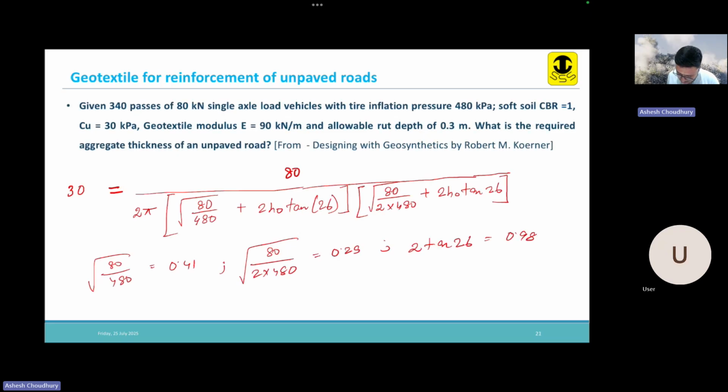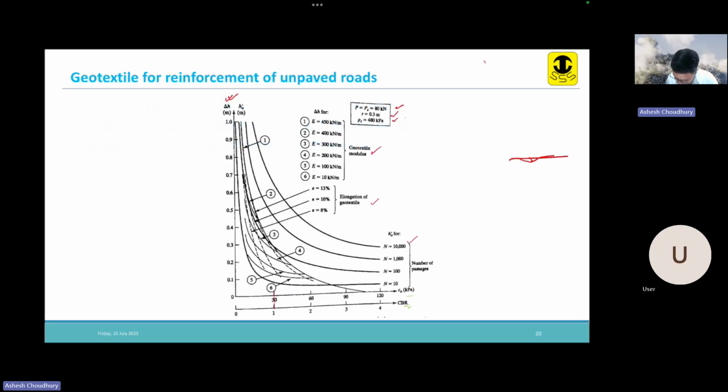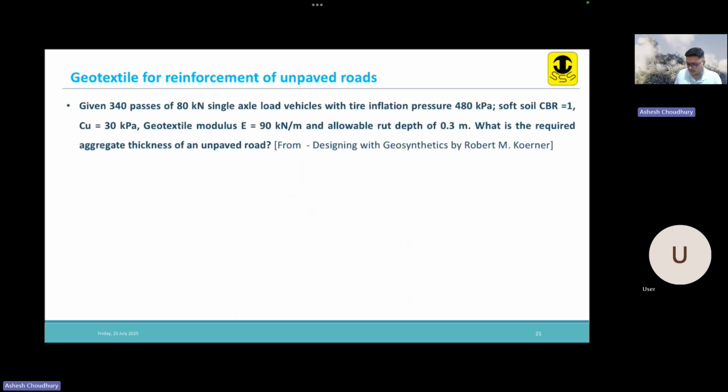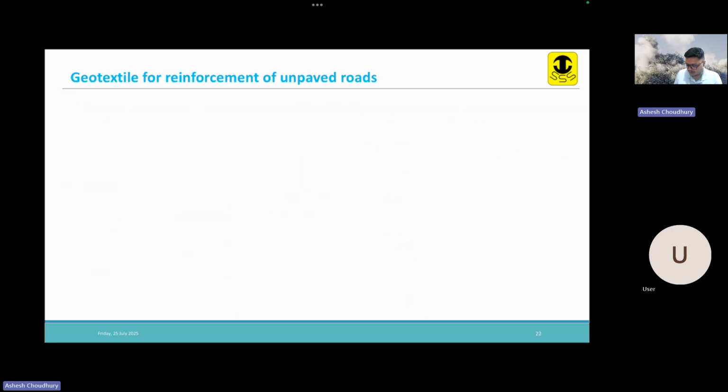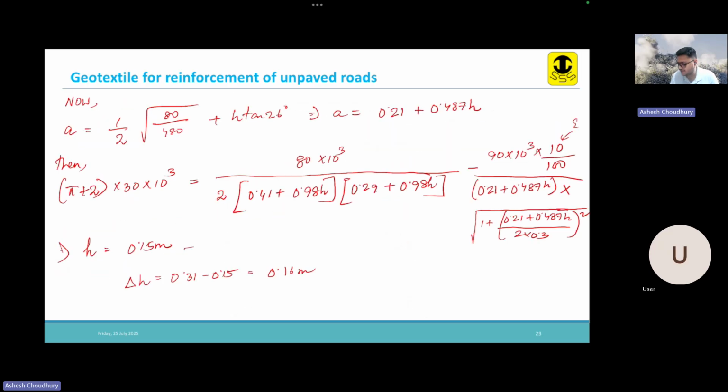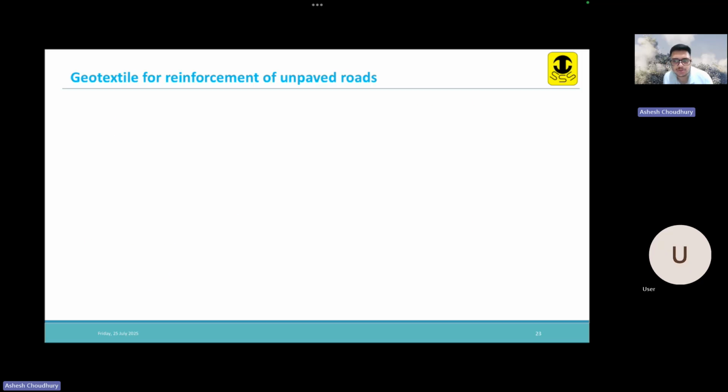So 10% elongation, E90. This one is 90, so approximately 5. Fifth one, you can take this one. So approximately it is coming here. So you can see you're getting a close value to whatever we have calculated, 1.5. So you can use these charts also to find it out.